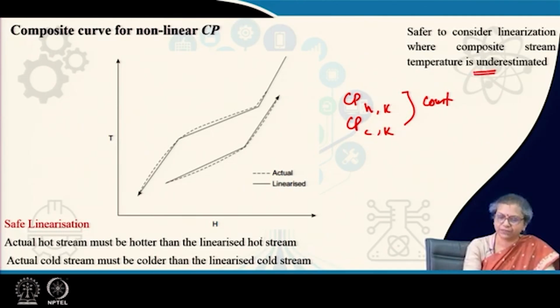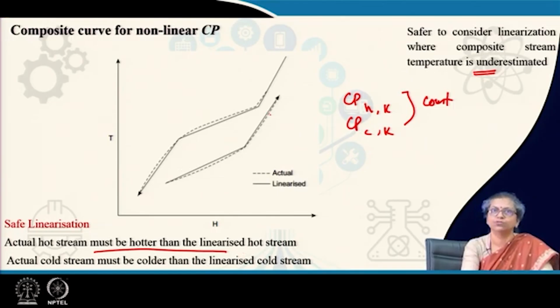So for safe linearization, we will find that the actual hot stream must always be hotter than the linearized hot stream, or in other words, the linearized curve will be below the actual hot composite curve. And for the cold stream, the actual cold stream must be colder than the linearized cold stream. In other words, the linearized cold stream should always lie above the actual cold stream, and then we perform the pinch analysis between this linearized hot stream and this linearized cold stream.